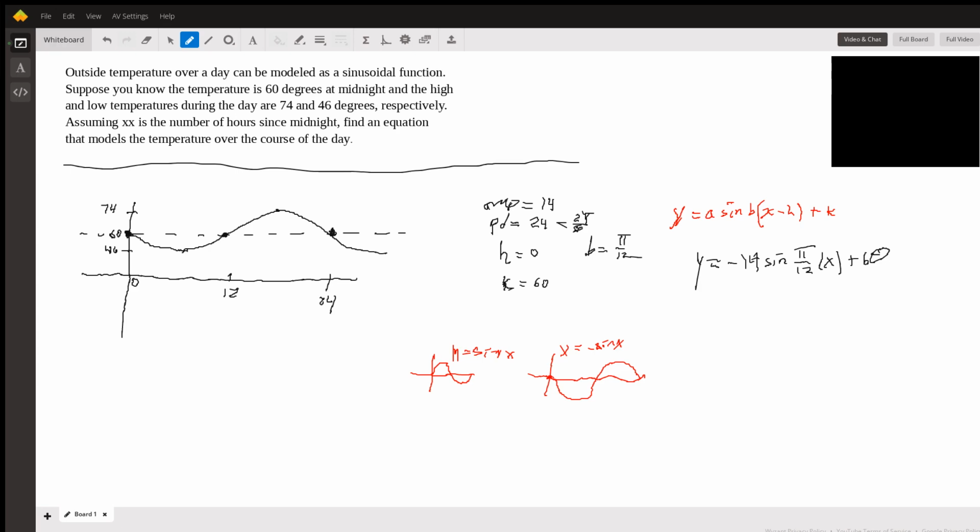This is an interesting one because they really made it kind of mysterious. They don't usually present problems this way by giving you 3 data points. But because it starts at 60 and has to come back to 60, that gives us a natural period of 24.